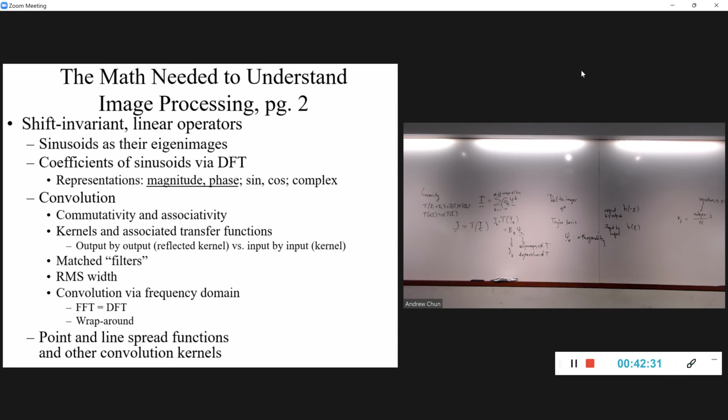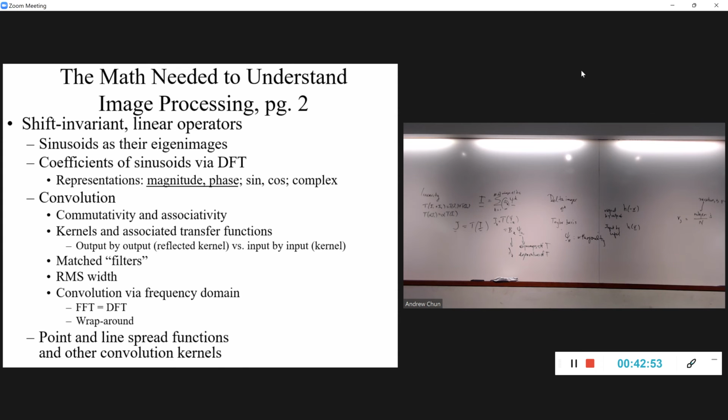What exactly do you mean by the output by output? Well, for each output pixel, how do input pixels contribute to it? That's what output by output is. You think of it separately for each output place.